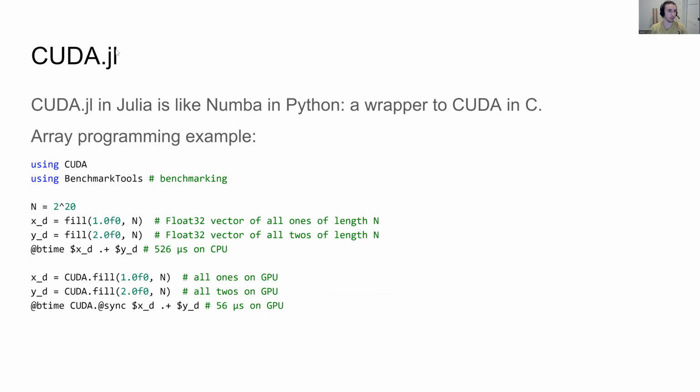So let's talk about CUDA.jl. In Julia, which is the language I'm using, CUDA.jl is a package that is like NumPy in Python. It's a wrapper to CUDA in C. Here's an example of what the syntax looks like. So we import CUDA, we import our benchmarking package for timing things.